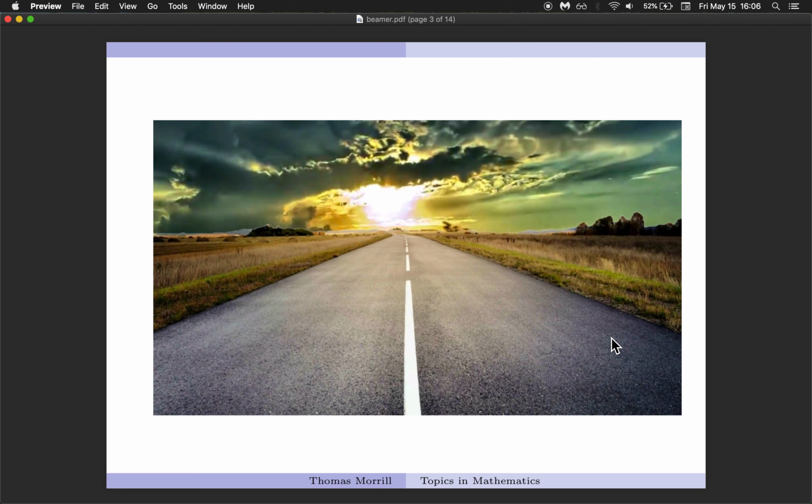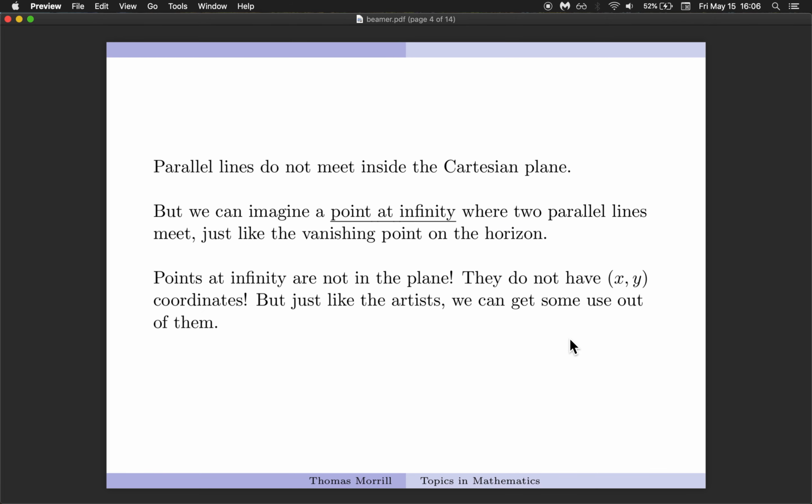Is there a place where two parallel lines will meet on the horizon? So in terms of geometry, we would call this point a point at infinity. So this is the mathematical version of the vanishing point idea.